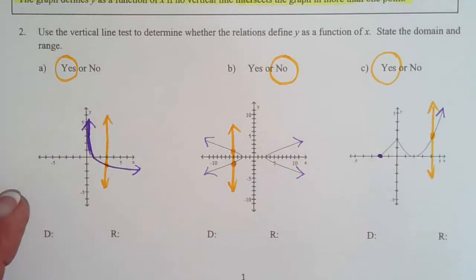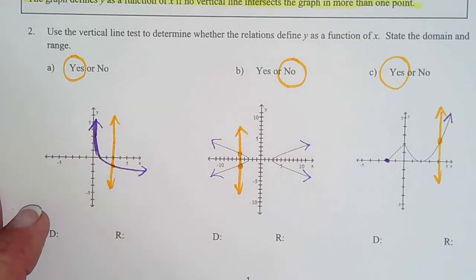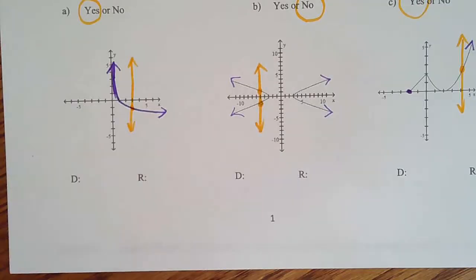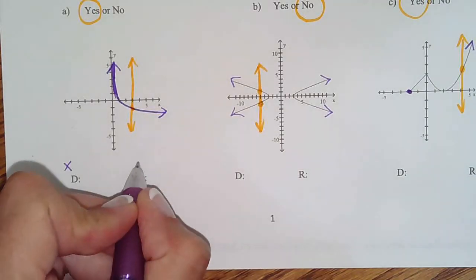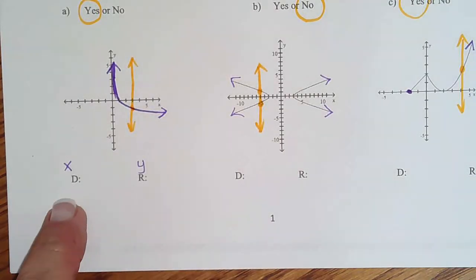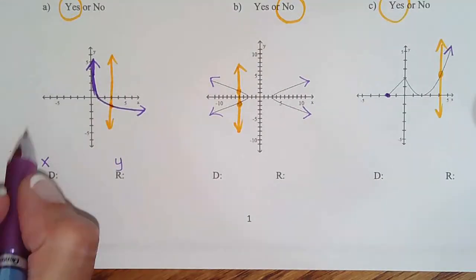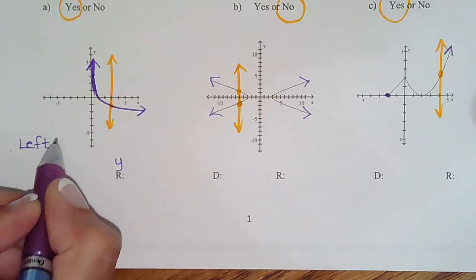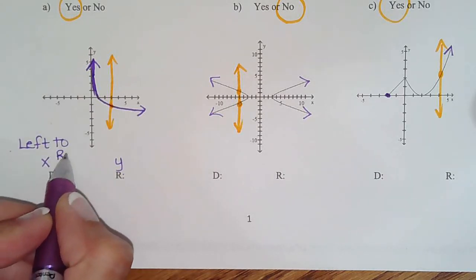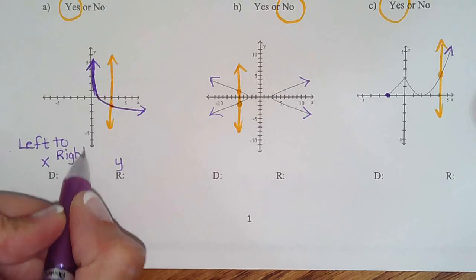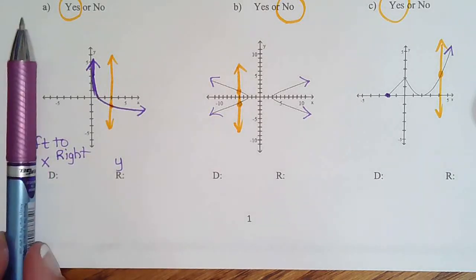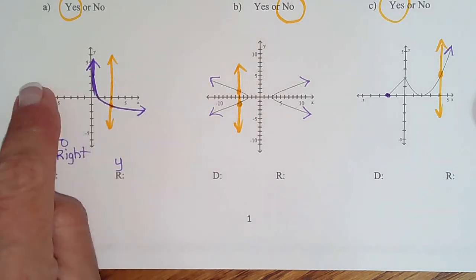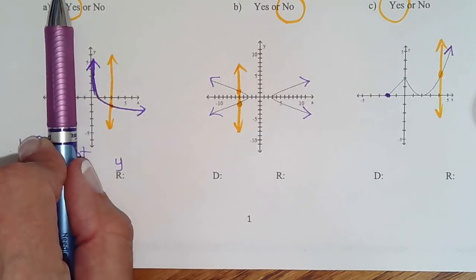Okay, so domain are the x values, and range are the y's. So I always tell students when you're doing domain on a graph, go left to right. So what's the leftmost x value? Notice there's no x's here. No x's here.